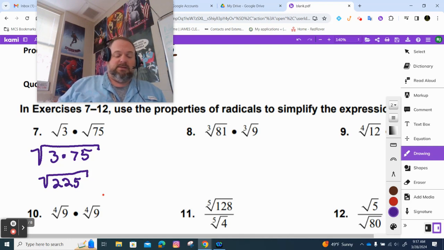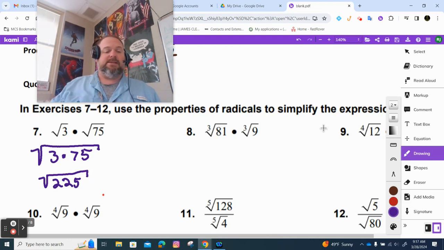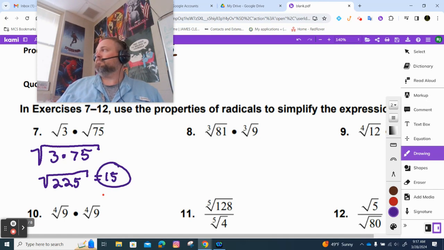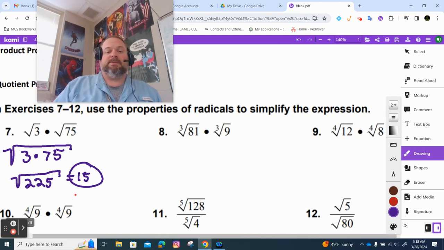So we would do second x squared, 225, 15. That's it. Crazy, huh?